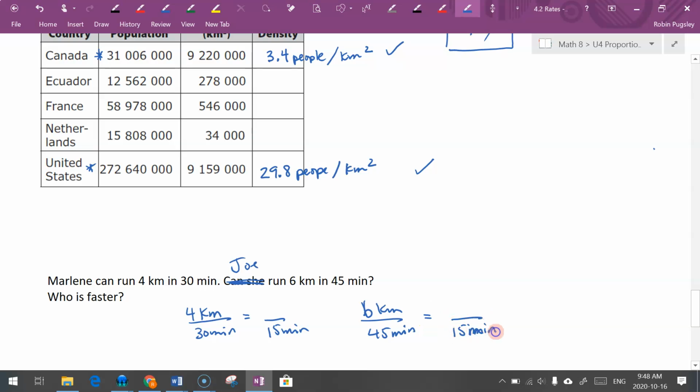So if we can make it per 15, so if I can divide by 2 and divide by 2, Marlene can go 2 kilometers every 15 minutes. And here I'm going to divide by 3 and divide by 3. Hey, what do you notice? You notice that they are the exact same speed. Okay, so they are running at the exact same speed. They are both going at 2 kilometers per 15 minutes.